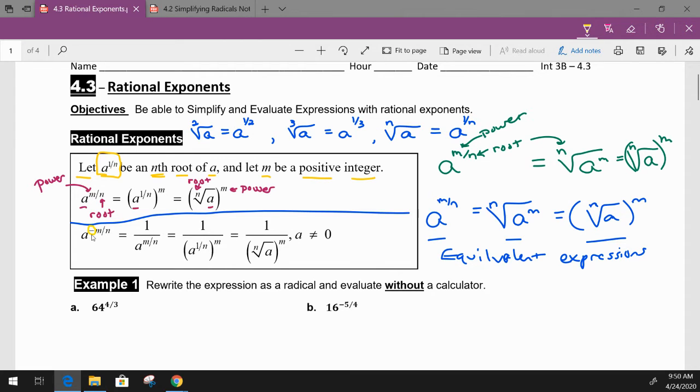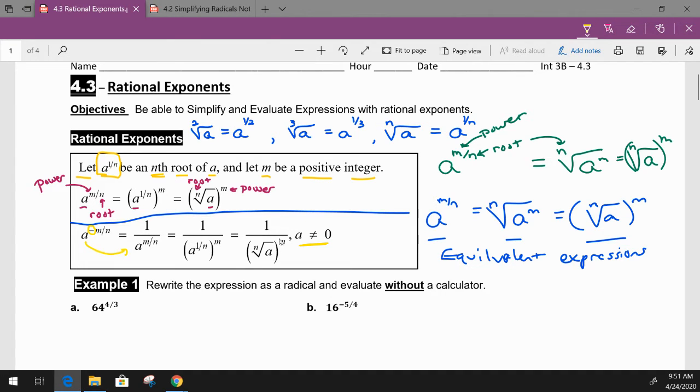So notice that when we move this into the denominator, that negative exponent goes away. And then again, we could simplify it as the nth root of a to the m power. Now there is a condition here that a cannot equal 0, because if a were 0, then you would have 0 in the denominator, making the fraction undefined.